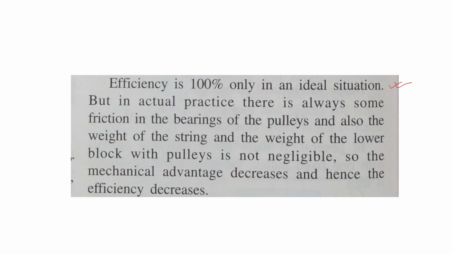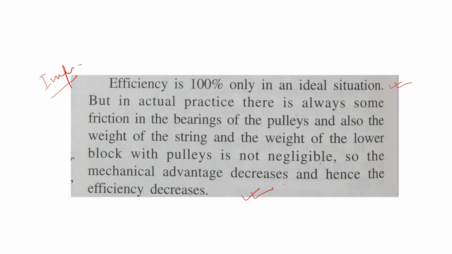But in actual practice, there is always some friction in the bearings of pulleys, and also the weight of the string and the weight of the lower block of the pulleys is not negligible. So the mechanical advantage decreases and hence the efficiency decreases. It is not 100%. This is a very important question.